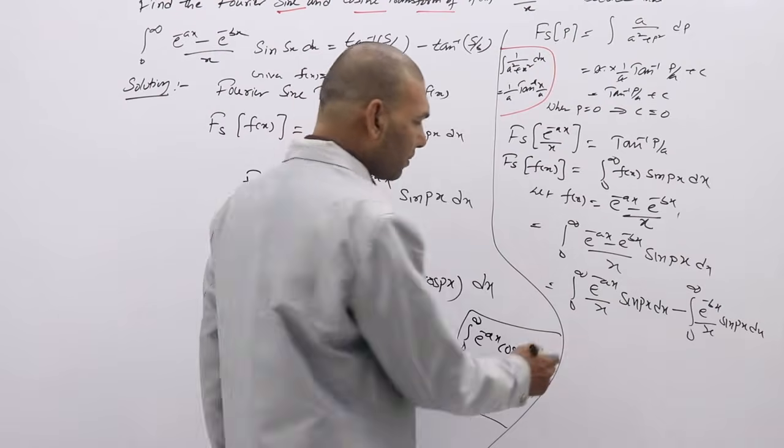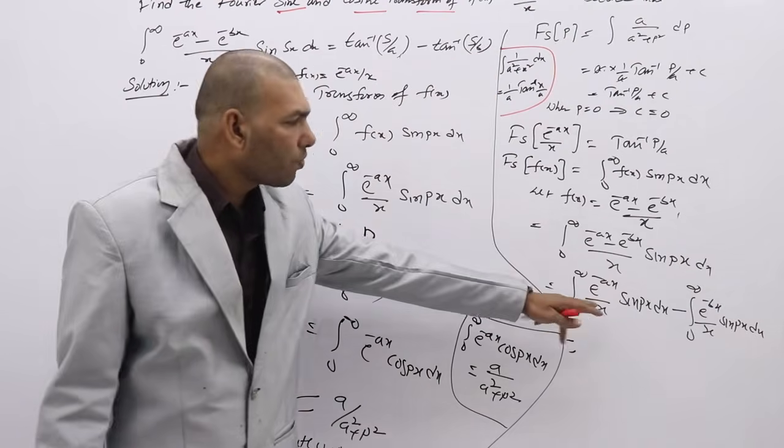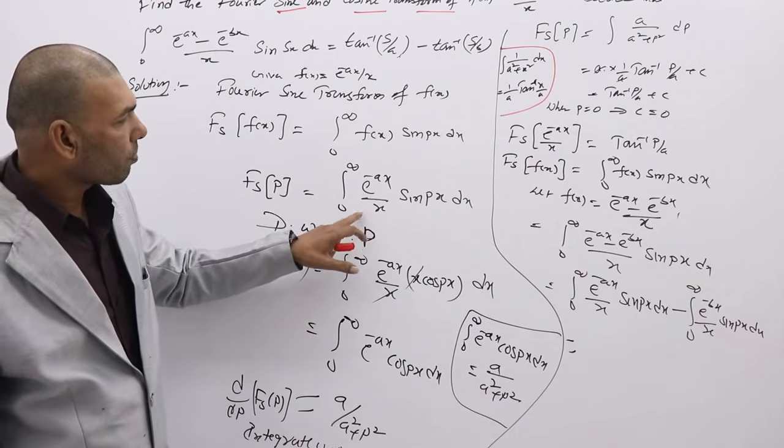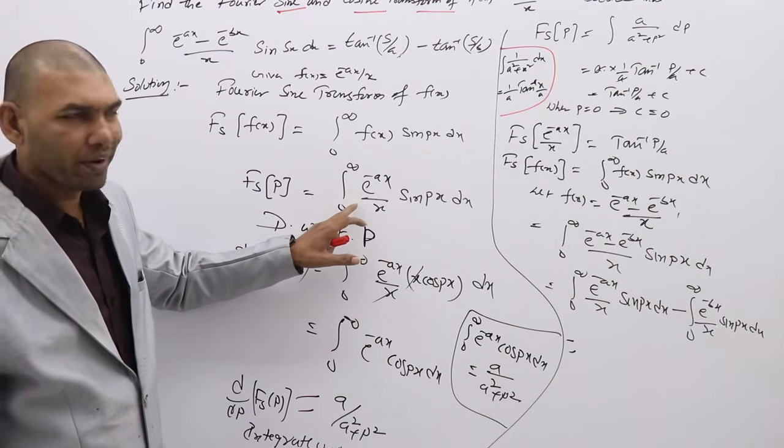So this is the Fourier sine transform of e power minus ax by x, that we just now evaluated.